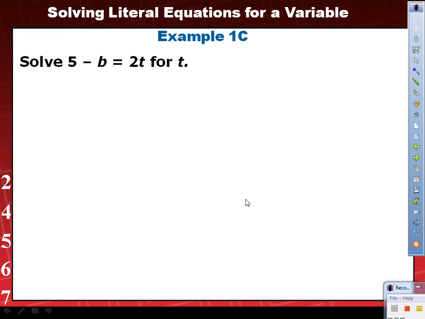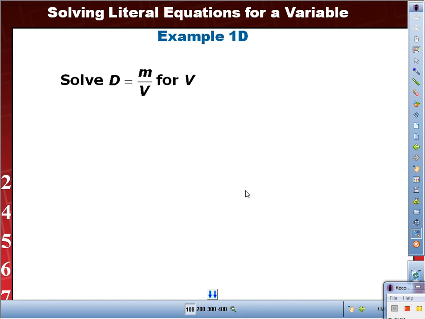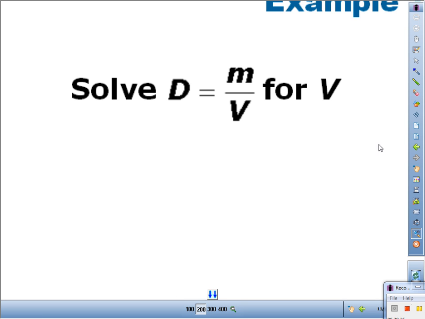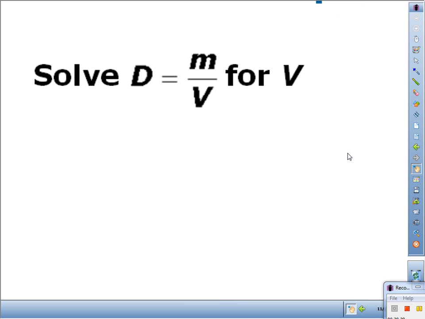Copy this one. Example 1D. Oh, sorry. D equals M over V. So it says solve for V. This is a tricky one.